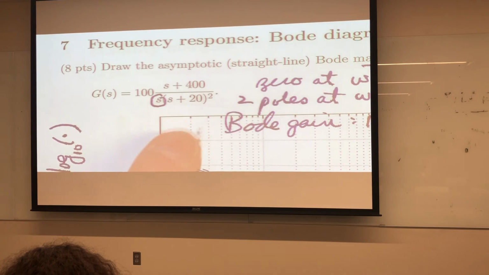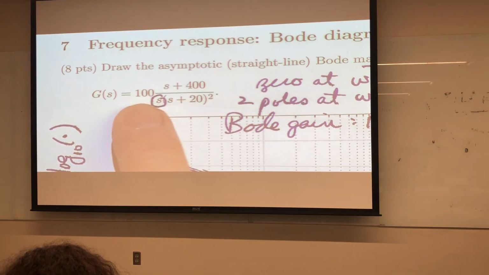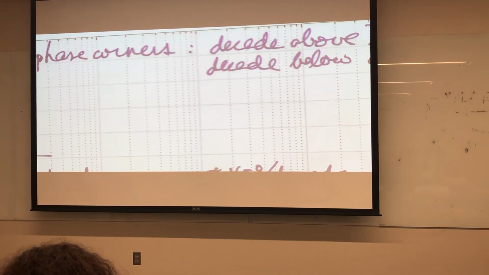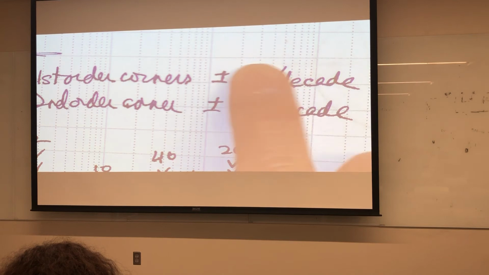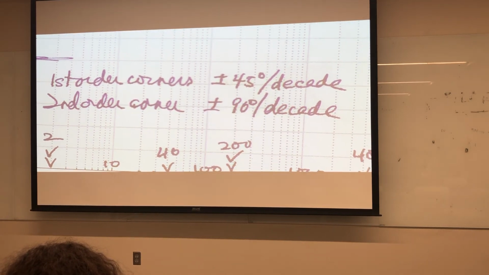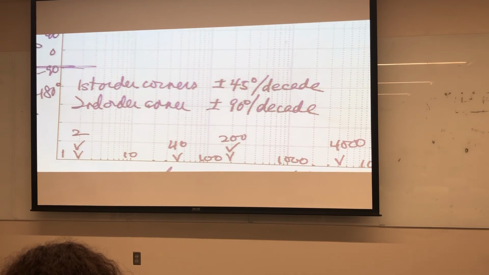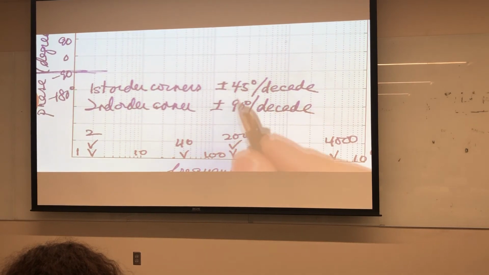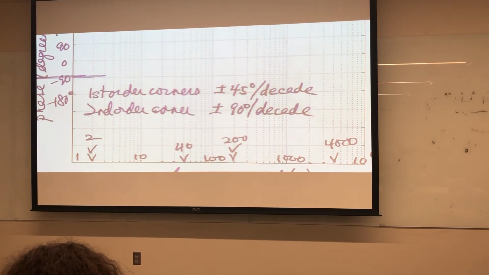You see all the coefficients here are positive numbers in this case. We saw in one of our lectures that if you have a minus sign anywhere in here, all these ideas here, plus or minus 45 per decade, plus or minus 90 per decade, go out the window. One has to be very careful if you're going to do things manually. Everything that I've written down here just applies for the case where the coefficients are positive.